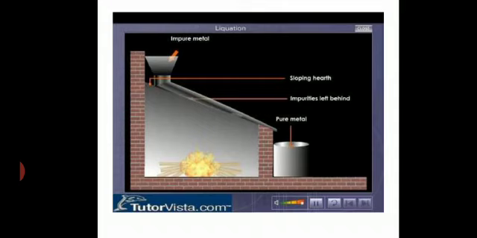In the Van Arkel method, it is used to purify crude titanium metal, which is heated with iodine to about 500 Kelvin to form unstable TiI4, leaving behind the impurities.